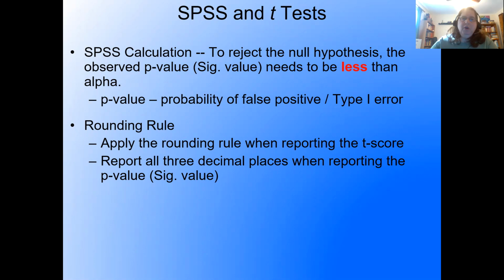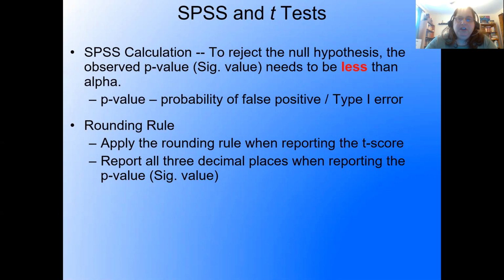Okay. So now, how are we going to deal with the rounding rule when it comes to SPSS output? Well, when we're reporting the t-score, we're going to just apply the rounding rule as always, and this will be nice because you should have access to the data, and if you don't, I'll tell you what the data was like. And then you're going to report all three decimal places when reporting the p-value, or the sig value, as it's often called in SPSS.